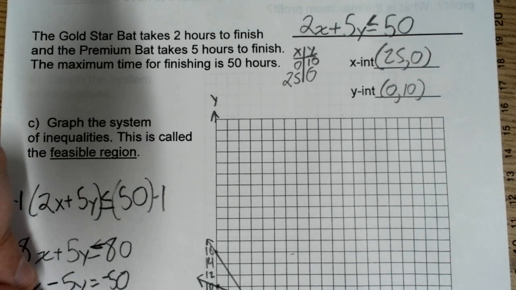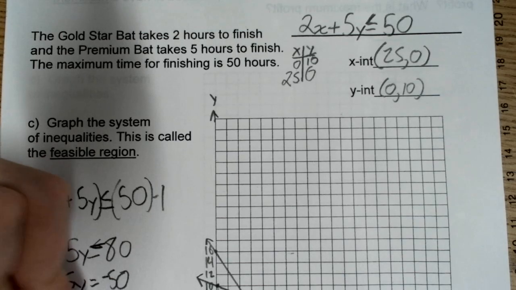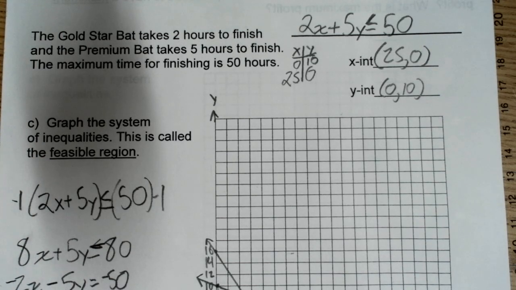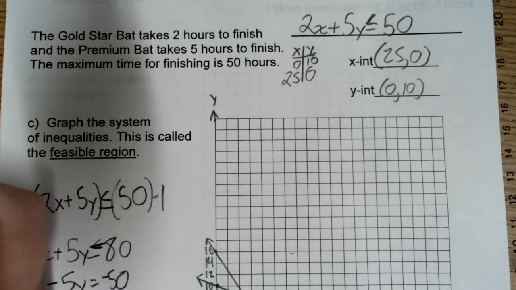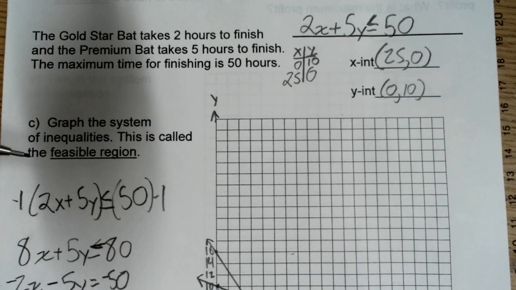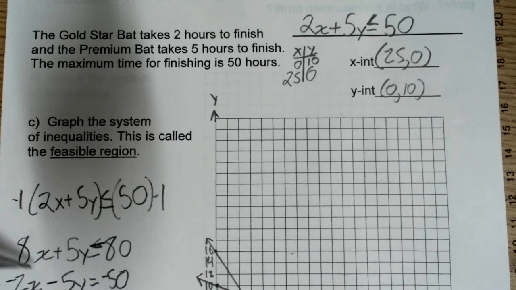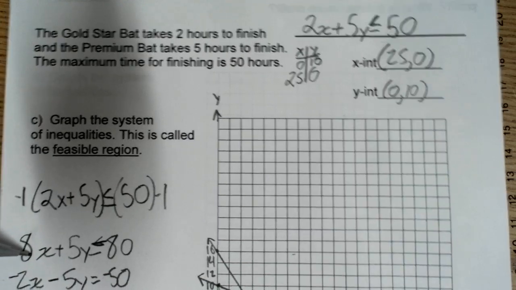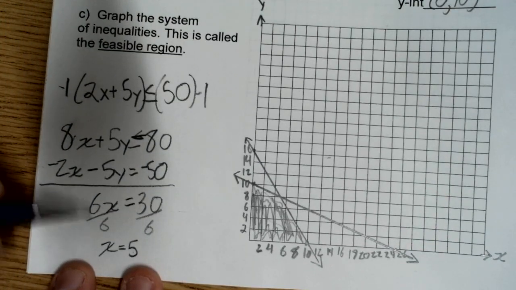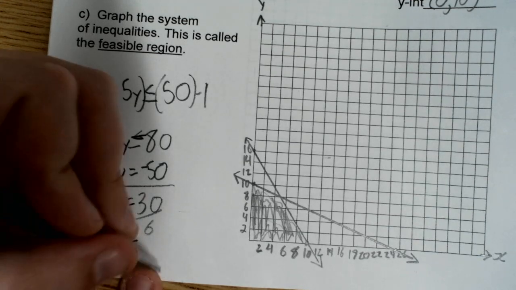So that leaves me with 6x equals 30. I divide both of those by 6. Then I end up with x equals 5. Plug that into either one of my equations. So let's say I do my x equals 5. If I plug it in here, 8 times 5 is 40.